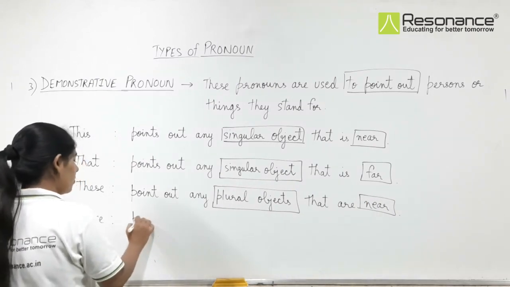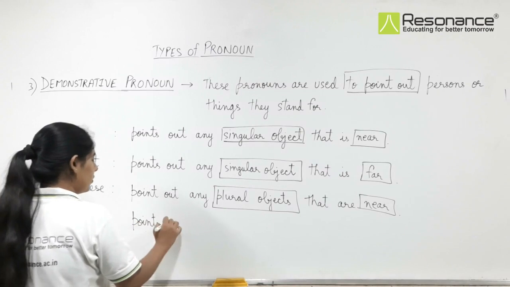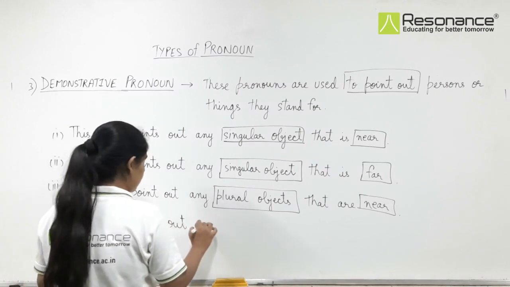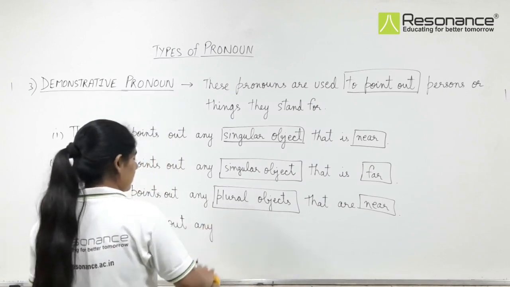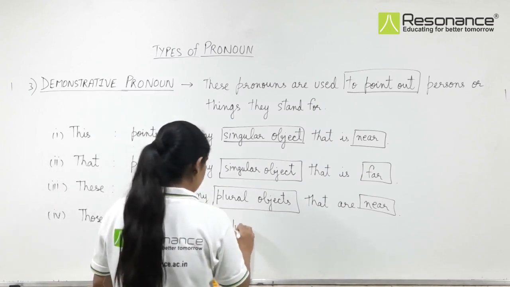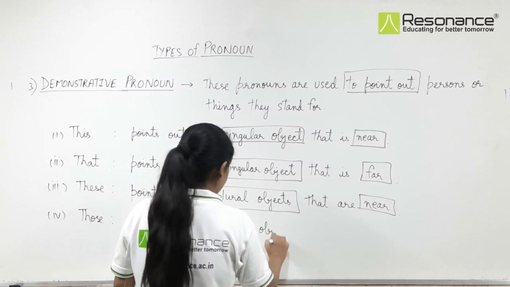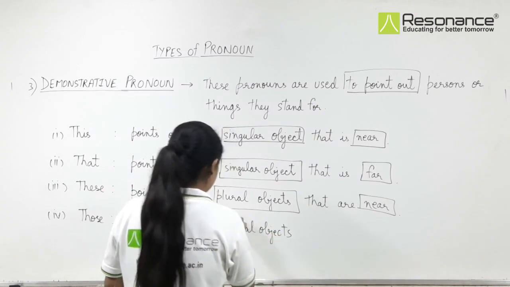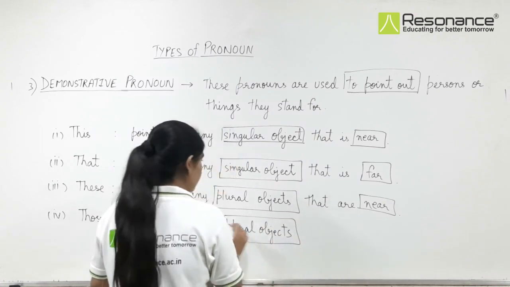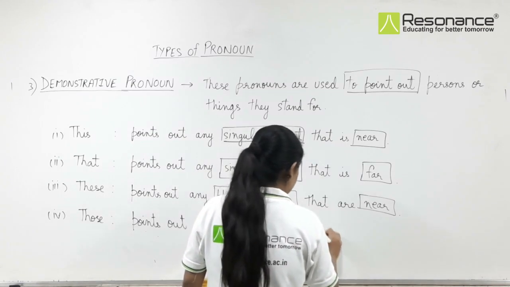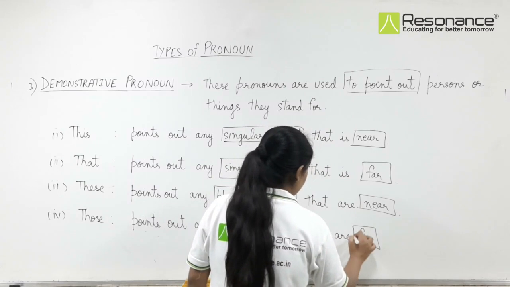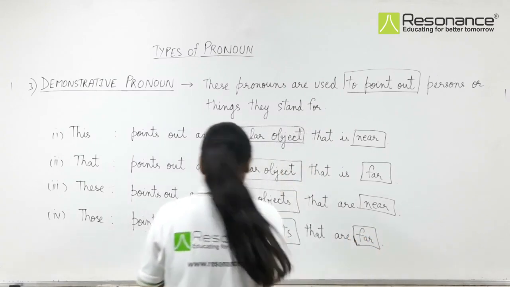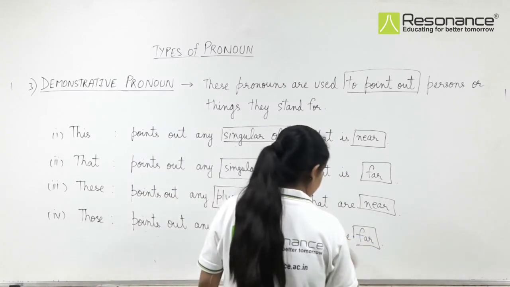Okay, and those also for plural objects that are far, ये हमसे दूर होते हैं. ठीक है, that is why we make use of those over here.